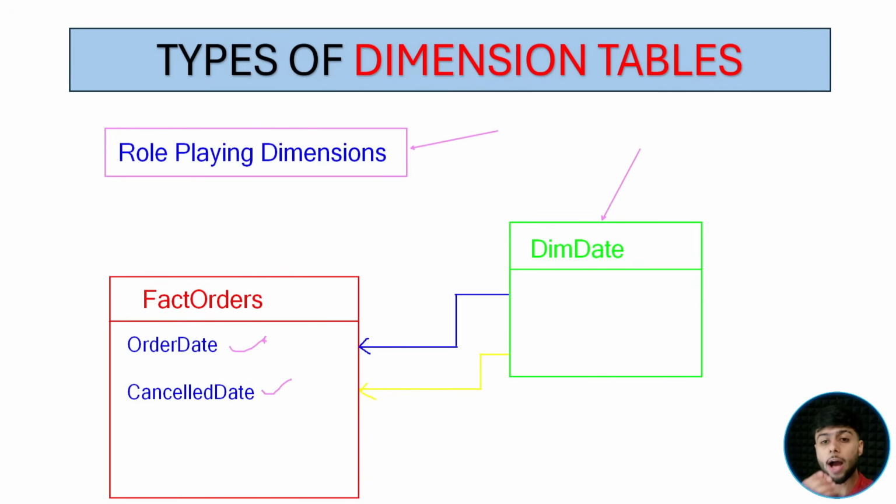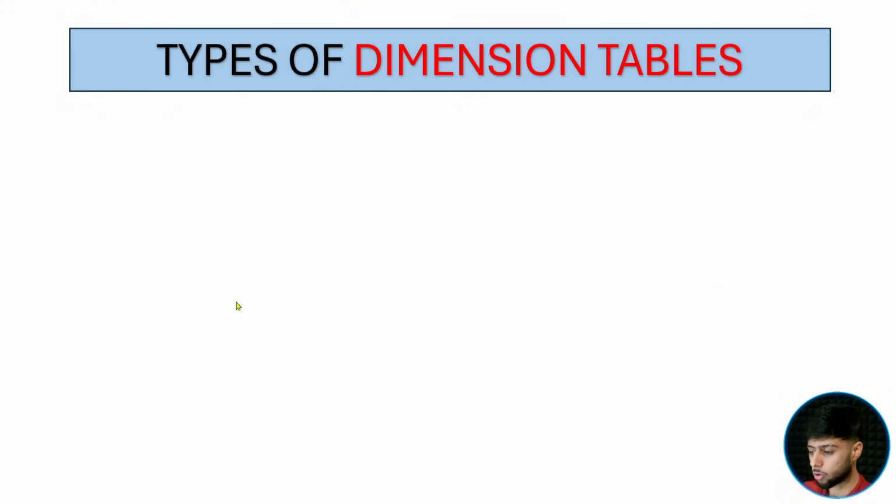So you have one active relationship with order date and one inactive relationship with cancel date, but you have the leverage to use the cancel date relationship anytime you want. So that is called a role playing dimension. Make sense? Okay, makes sense.